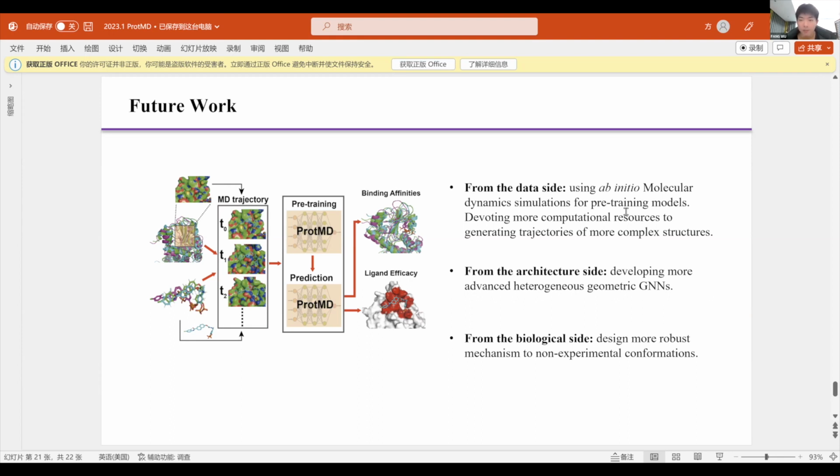You can also devote more GPUs to generate trajectories of more complex structures, because as we demonstrated before, more complexes can lead to better performance. The second is from the architecture side, we can develop more advanced heterogeneous geometric graph neural networks. And the last is from the biological side, we can design more robust techniques for those non-experimental conformations.